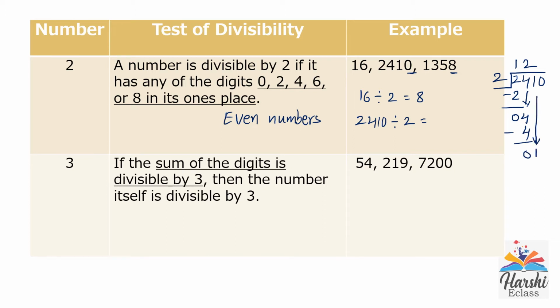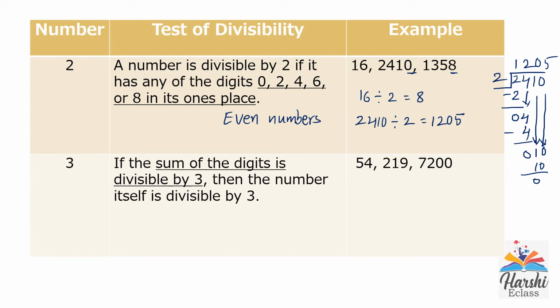So 1 is not divisible by 2. We will put 0 over there and take this 0 down. 2 fives are 10. Remainder 0. If you divide 2410 by 2, we will get 1205 as the quotient and remainder 0.